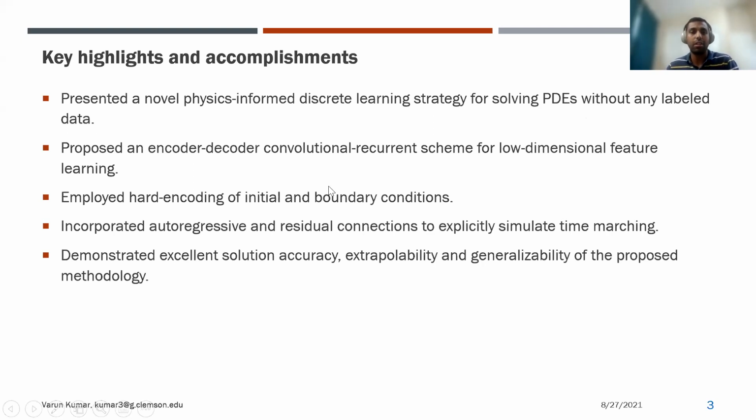The authors also proposed an encoder-decoder convolution-recurrent scheme for low-dimensional feature learning. They also employ a hard encoding of initial and boundary conditions, and the authors claim that this has a significant impact on increasing the accuracy of the solution.